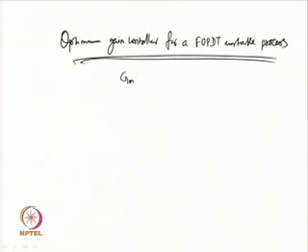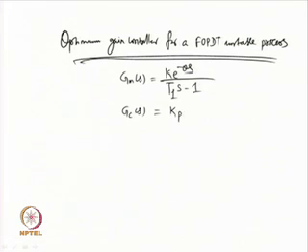Let Gm(s) is equal to k e to the power minus theta s over T1 s minus 1, and Gc(s) is simply a proportional controller. We will find the optimum value for Kp using the phase margin condition.